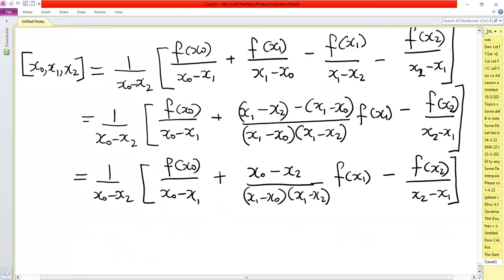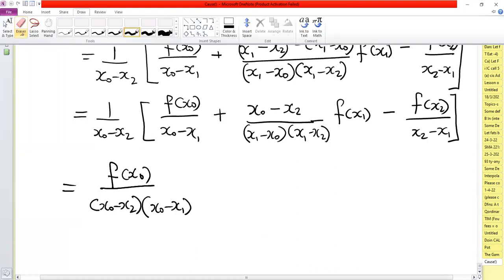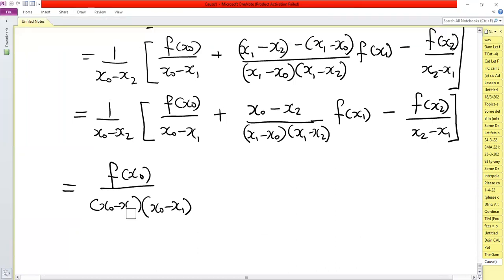which will be the same as f of x0 over x0 minus x2 into x0 minus x1, or we can rearrange it, start with x1 and then x2. So put x1, x2.